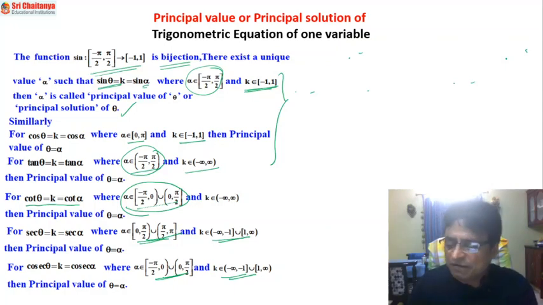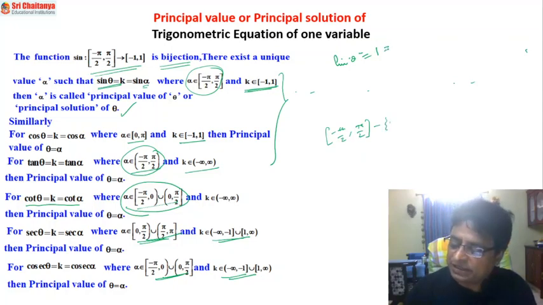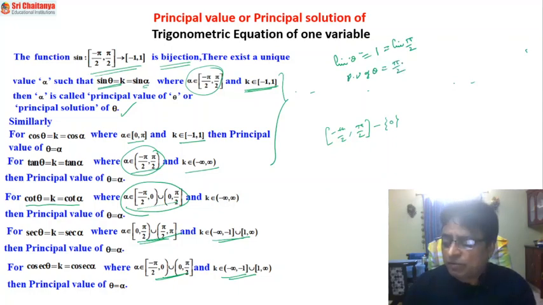For example, if I take sin theta is equal to 1, solve this equation. If I have been given an equation like this, how do I solve it? Simply, I can write this as per definition as sin pi by 2. And here my principal value of theta is equal to pi by 2. For what values of theta does sin theta become 1?